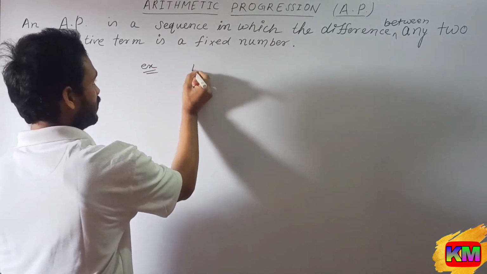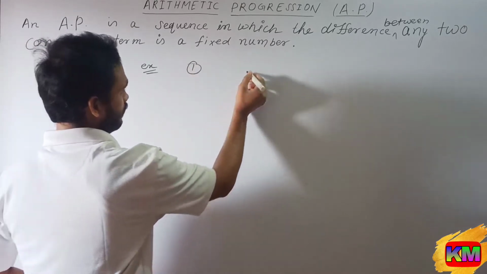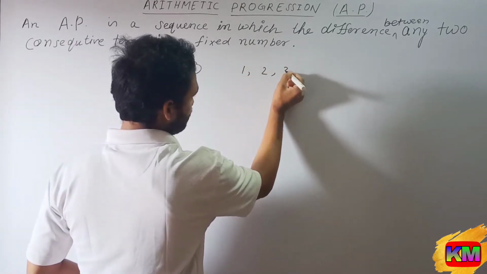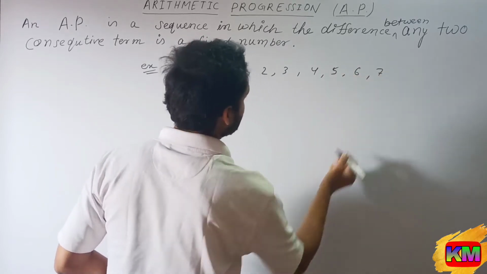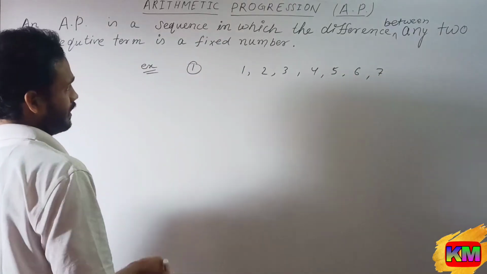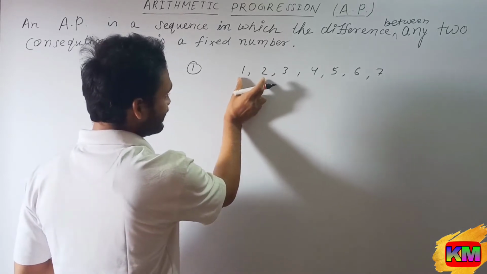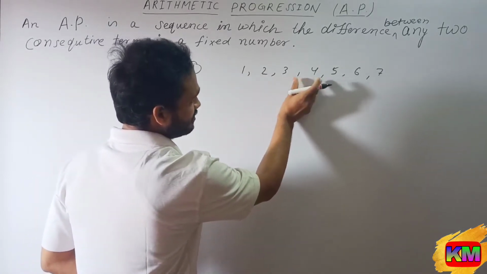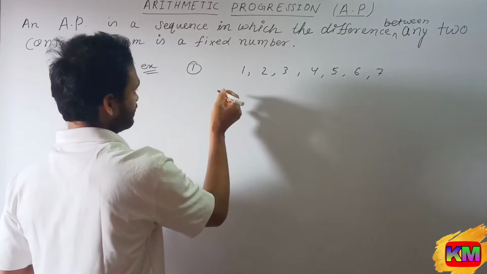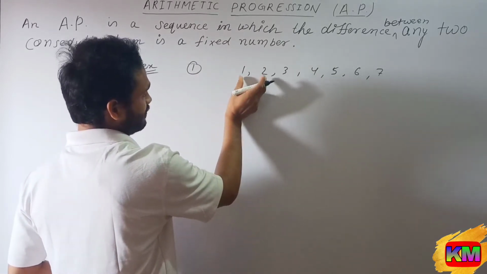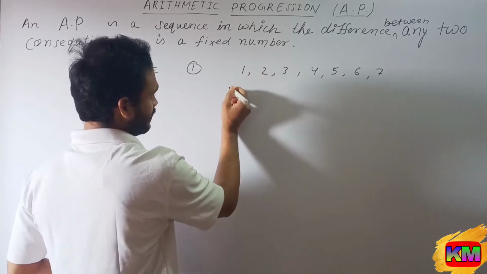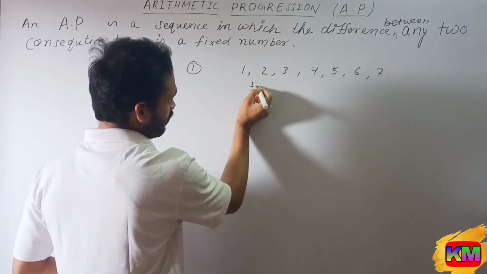Example number 1: 1, 2, 3, 4, 5, 6, 7. We have 7 terms and the difference between any two consecutive terms is a fixed constant. That is, if we see the difference between the first term and second term, the difference is 1.